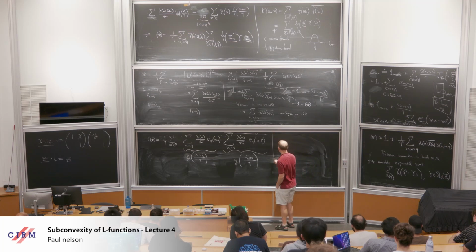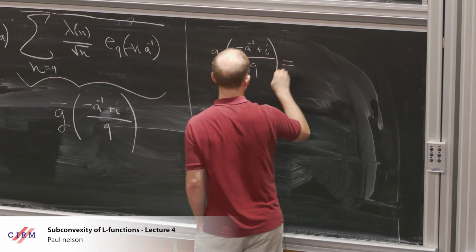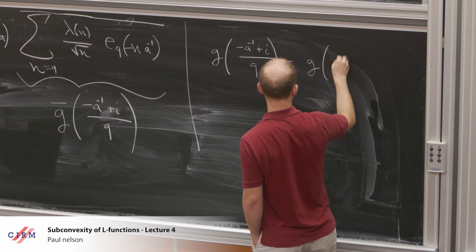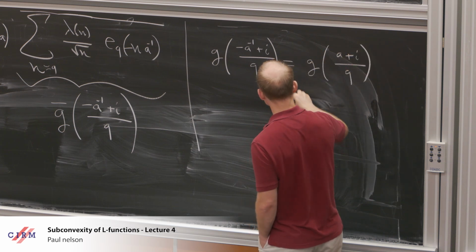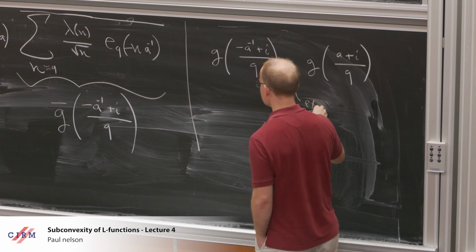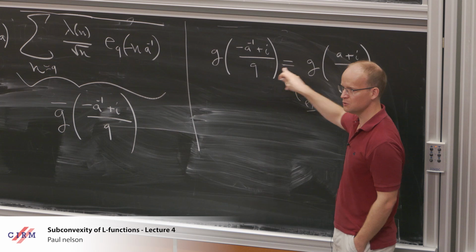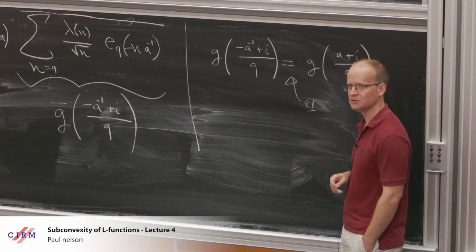Okay, so in this optic, Voronoi is just the identity that g of negative a inverse plus i divided by q is actually equal to g of a plus i divided by q. And this is an easy exercise, actually. All it amounts to is observing that these two elements are in the same orbit under SL2Z.